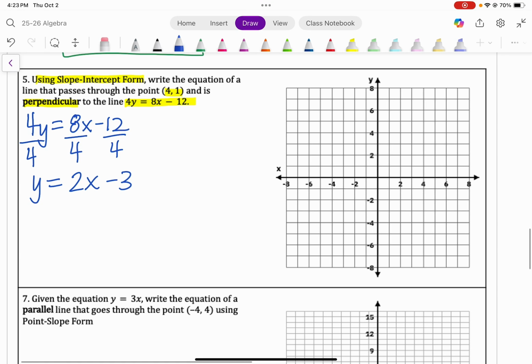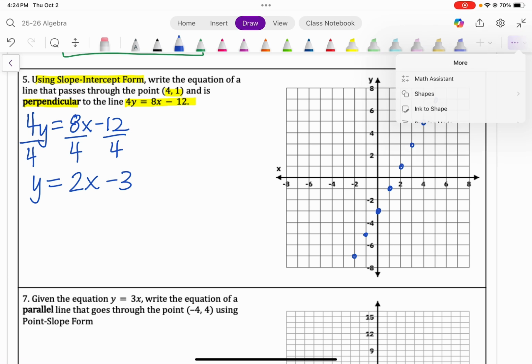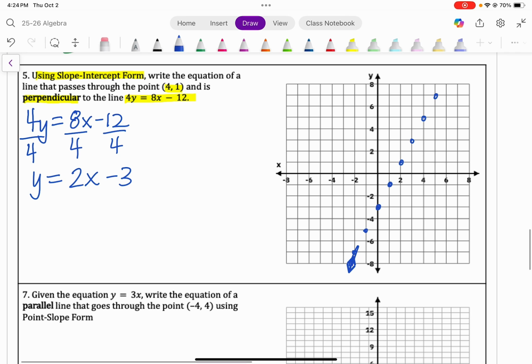So I'm going to graph that one first. Start at negative 3. I'm going up 2 and over 1, up 2 and over 1, up 2 and over 1. Let's fix that.